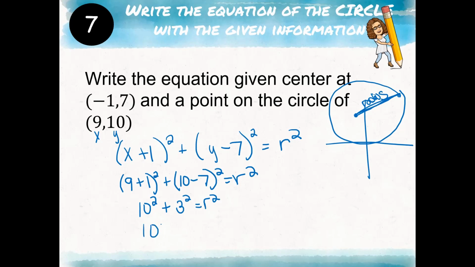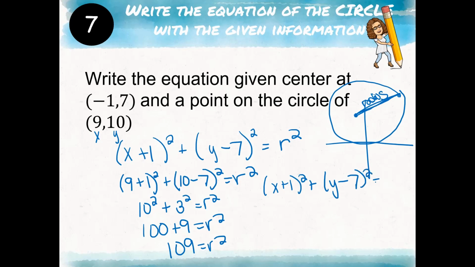So 100 plus 9 is R squared, or 109 is R squared. Whew. I didn't even have to use the distance formula. Now, I don't need to know what R is. I just needed R squared because we're writing the equation, right? So let's plug that back in to the equation. And I get 109. Perfect.